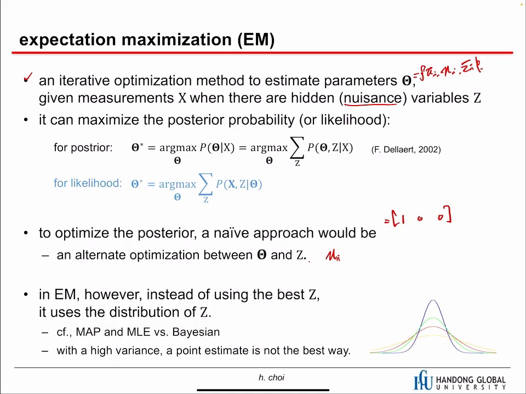So 1 0 0 means this sample belongs to the first component. Okay, for sure. But how about this one? Yeah, this one belongs to the first component pretty much, but still, this one belongs to the second cluster a little bit, right? But how about this one? This one belongs to the first cluster and second cluster half and half.